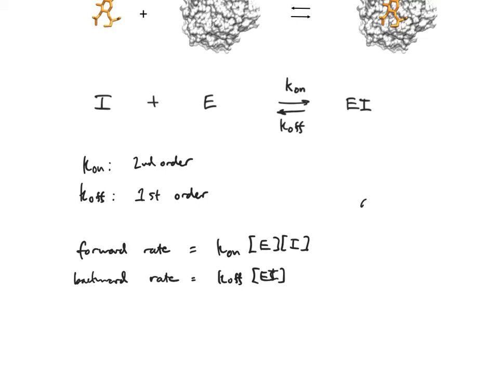So we're going to consider the situation at equilibrium, which is fairly close to what the body exists at, or at least we make that assumption. The enzyme and inhibitor concentration within the body is probably fairly close to equilibrium. These two are going to be equal to each other, the forward rate and the backward rate.